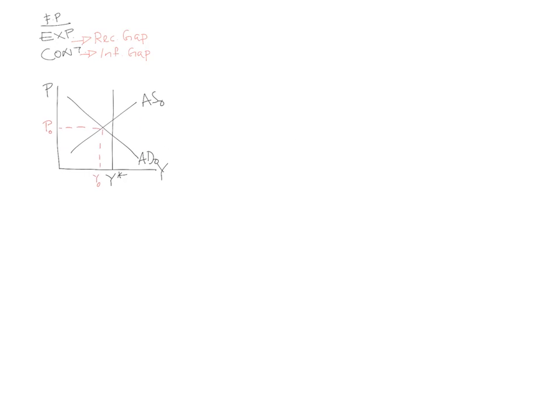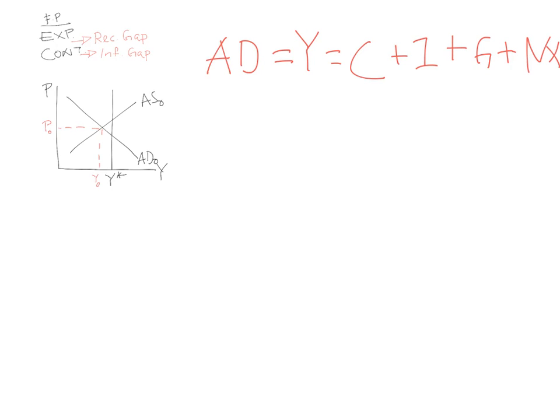Remember, with fiscal policy, you're trying to change aggregate demand. So we're going to be playing around with this curve. We're going to shift it. Let's go to aggregate demand. You've seen this a number of times already. Aggregate demand equals output equals C plus I plus G plus NX.